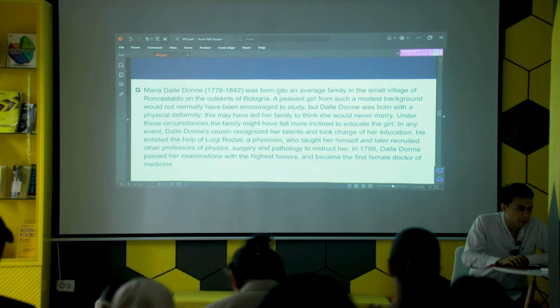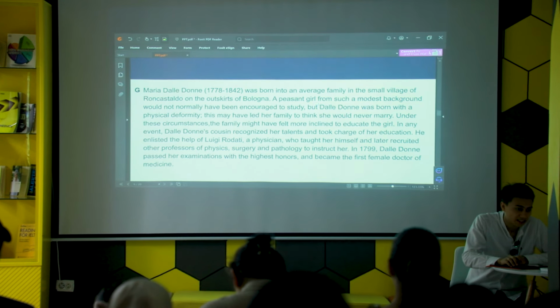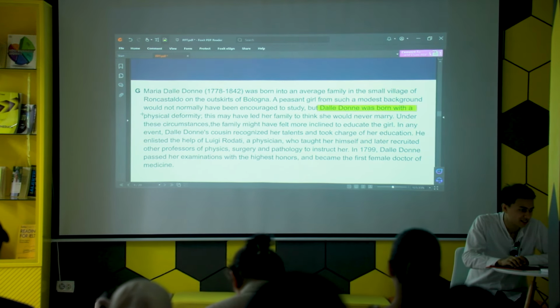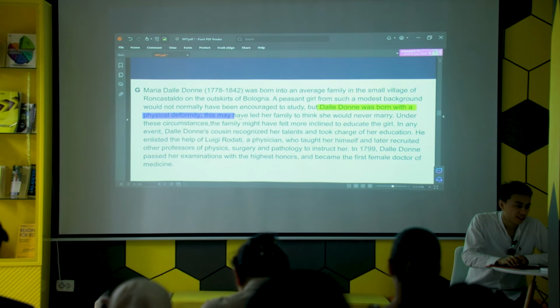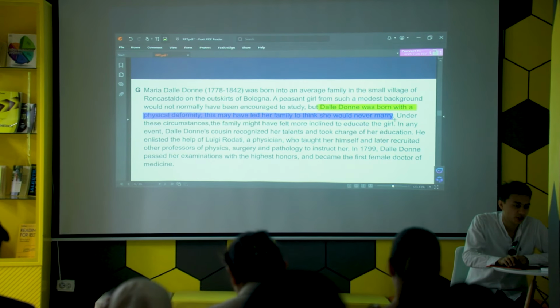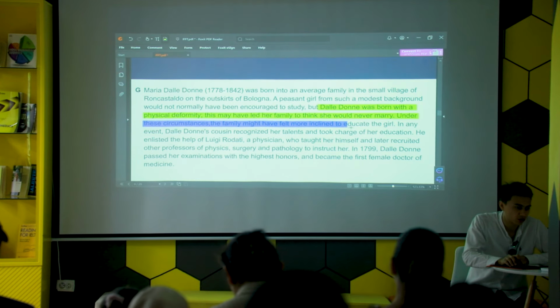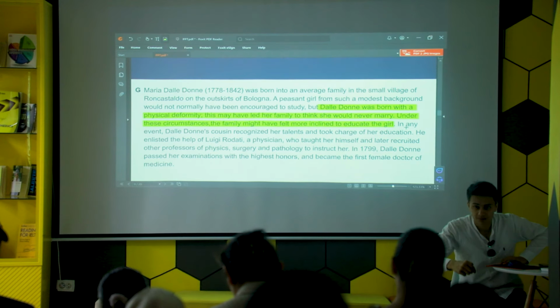A peasant girl from such a modest background would not normally have been encouraged to study, but Daladon was born with a physical deformity. This may have led her family to think she would never marry. Under these circumstances, family might have felt more inclined to educate the girl.